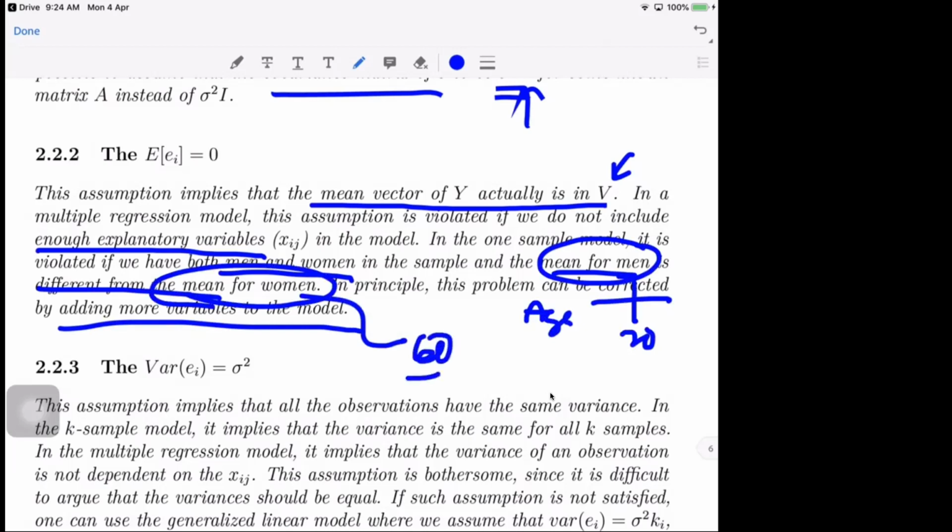So that means you are dealing with different age groups, and this assumption that the expectation of Ei equals zero will most likely be violated, because in the first place there is a problem on your mean age for the two groups. That means your variable, these are young people and these are of the older age group. So ages vary, so there is variability that can contribute with respect to age.